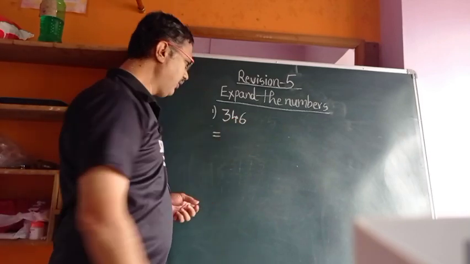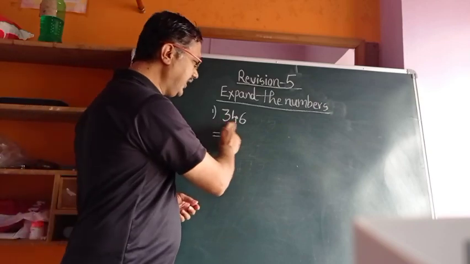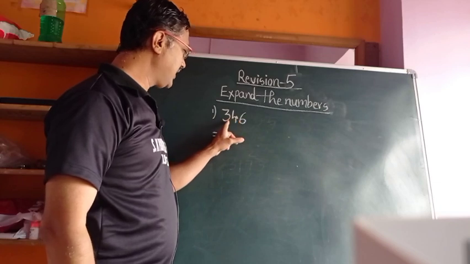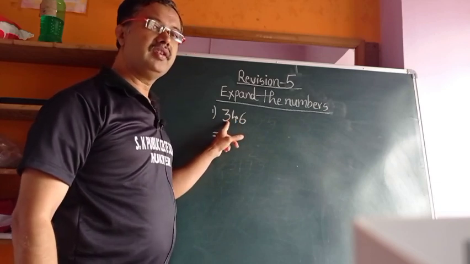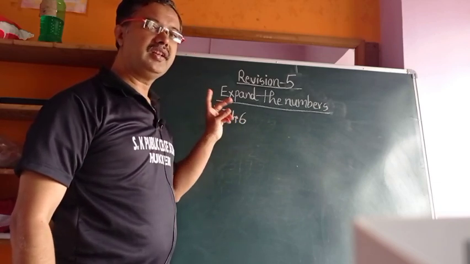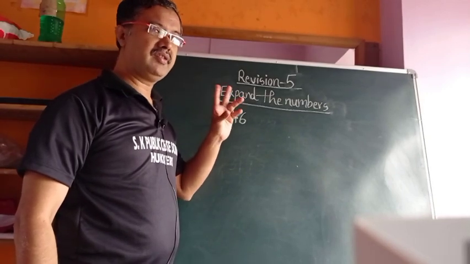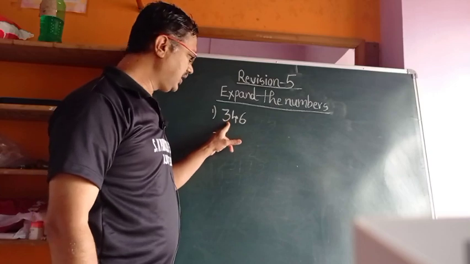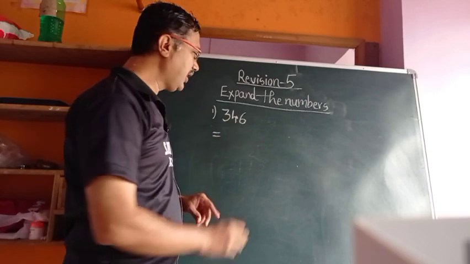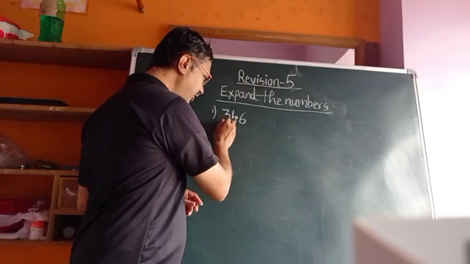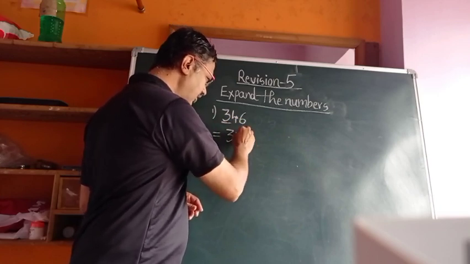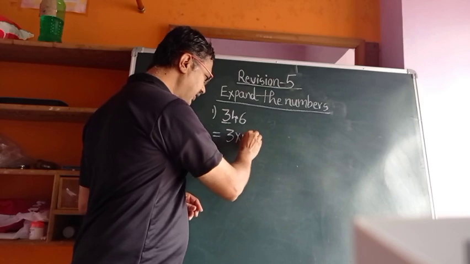Now we will write here: 3 digits are there, meaning ones place, tens place and hundreds place. You have to write the place values according to the place value chart. How to read this number? 346. Then how to expand this number? First we will take this number 3 as it is, into 100.